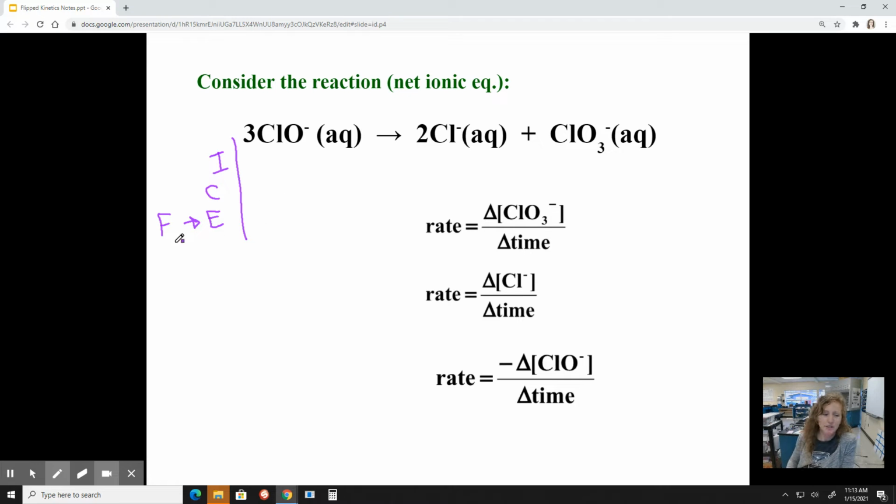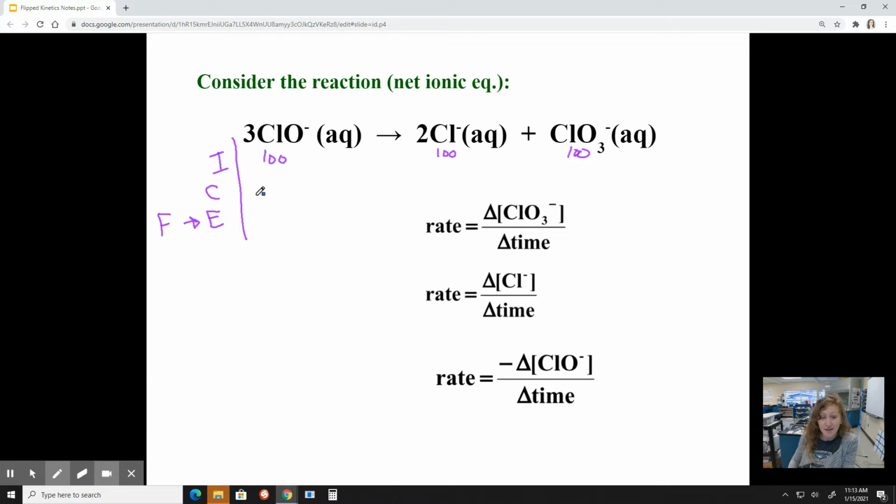So this bottom one, for now, we can do either equilibrium or final. So let's say, I don't know, we have 100 of each molecule, right? The initial doesn't really matter. So I'm just putting a value in for initial that we can kind of ignore.